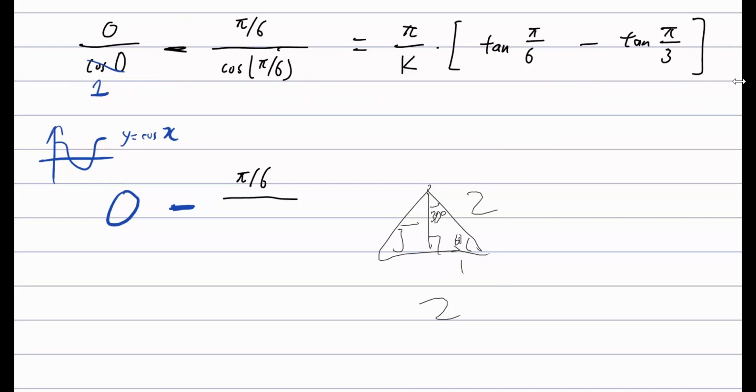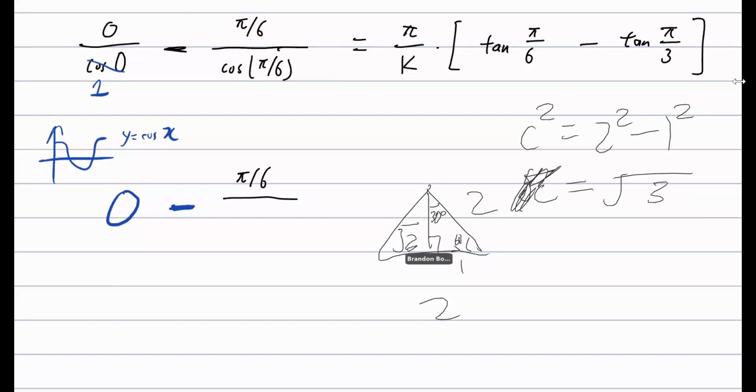Wait, give me a chance. 1 square, 1 square root c. Oh yeah, I mean c is square root of 4 minus 1. Geometry. Yes. Okay. So then cosine 30, which is over hypotenuse, square root 3 over 2. Very good. Square root 3 over 2.